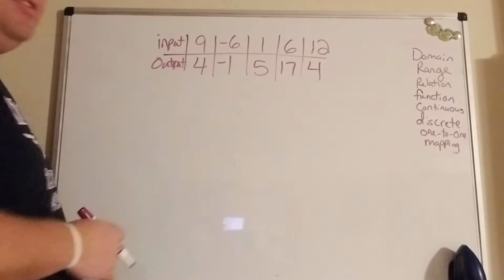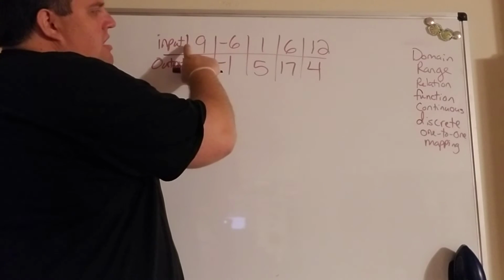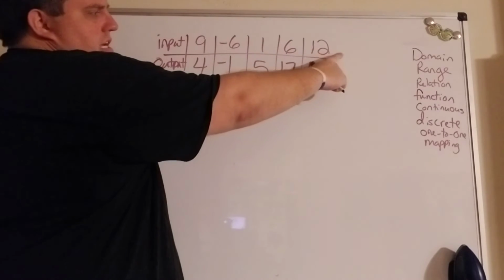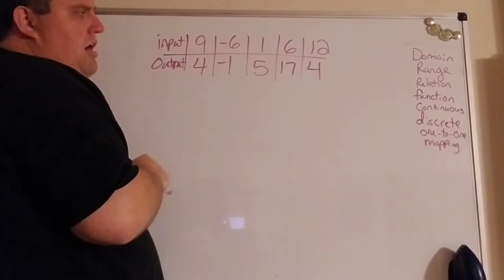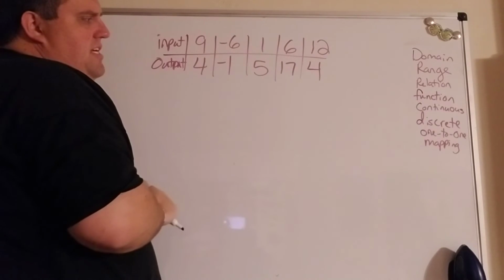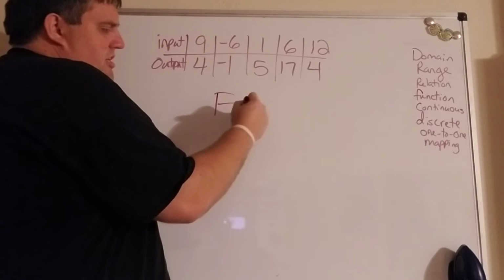So if I'm asking if it is a function, I'm looking at the inputs only. Are all of these inputs unique? Yes, they absolutely are. Negative 6 is definitely different than positive 6. So this is a function.